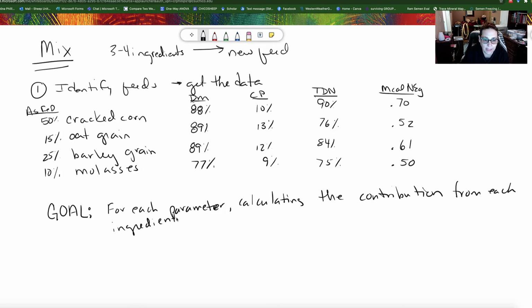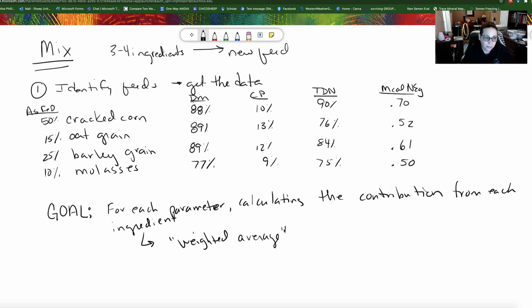This is going to allow us to calculate a weighted average for our values, because we know our mix is going to be half corn. We need to weight the amount of protein that's coming just from corn. We need to get the amount of protein coming from the oats and the barley, and they all have different amounts. Our goal is to get a general weighted average of each of these nutrient parameters for our feed mix. And we're going to refer back to this as we go.